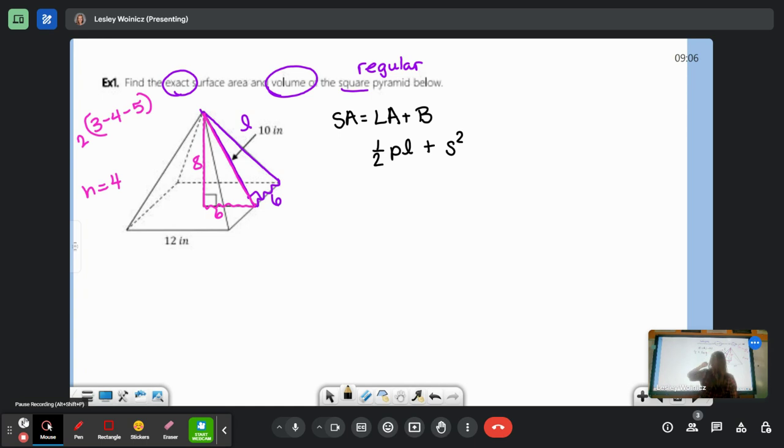Okay. Now let's plug in our stuff. So 1/2 times our perimeter. So we've got 4 12s, right? Yep. Is that 48? The slant height is 10. The side is 12. Square it.